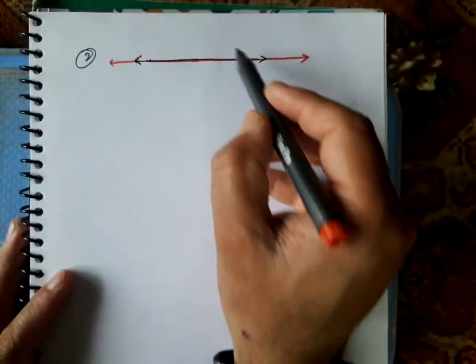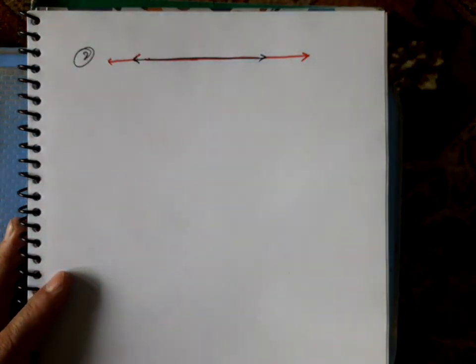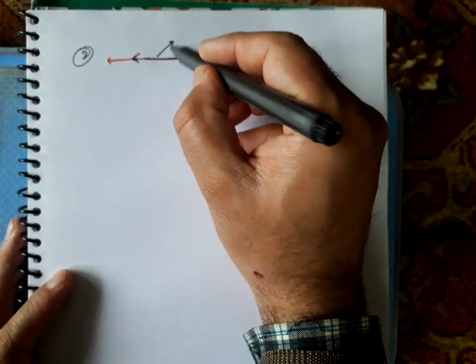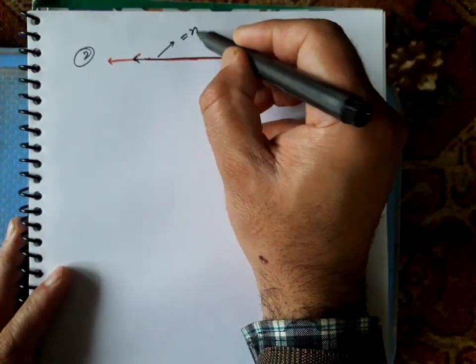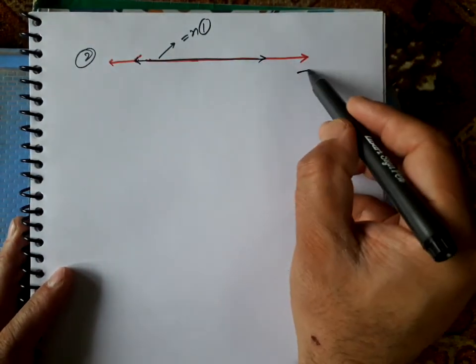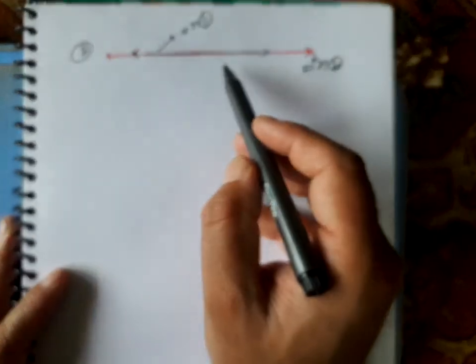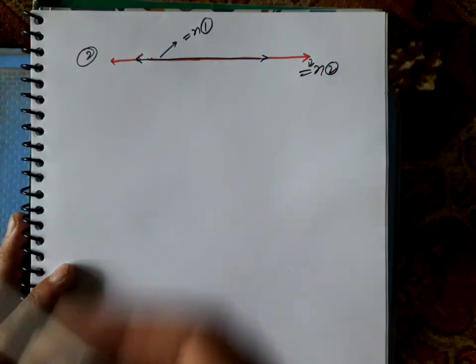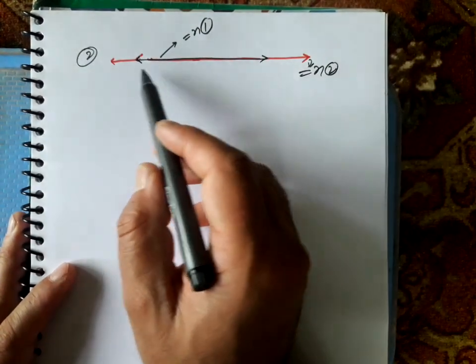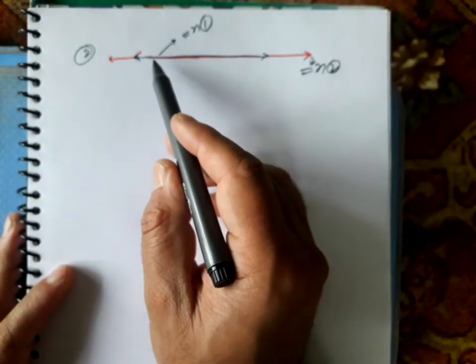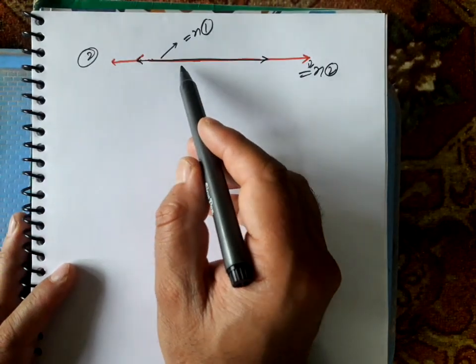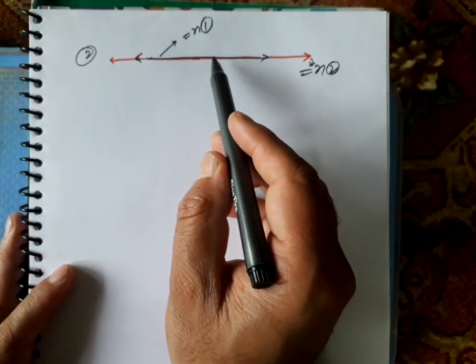For example, if the black colored line I draw is the graph of equation 1 and this is the graph of equation 2, then both the lines coincide. In this case it becomes a single line, and every point on this single line will represent a solution of the pair of equations.